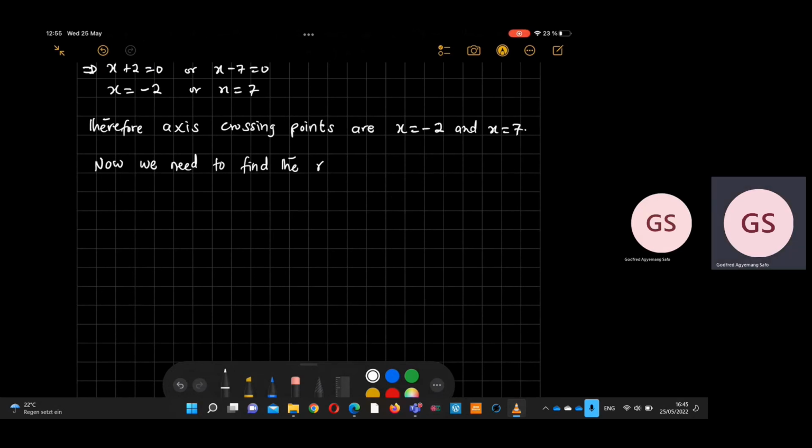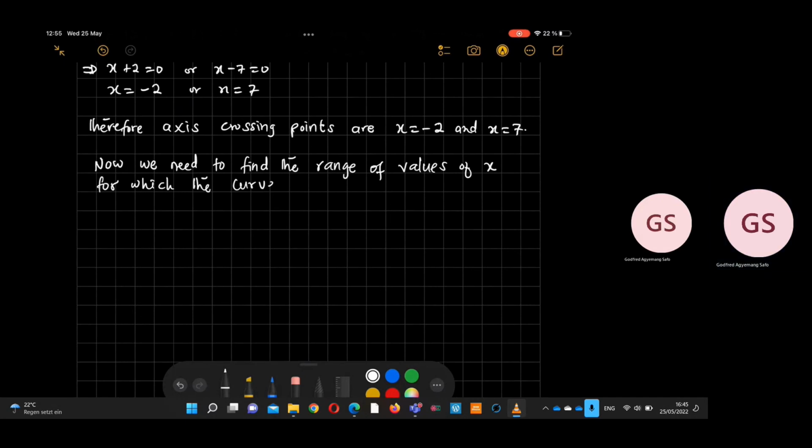So now we need to find the range of values of x for which the curve is positive. That is from the question. The question is asking for a positive value of the curve. That is, it should be always greater than 0. So we need to find the range of values of x for which the curve is always positive.